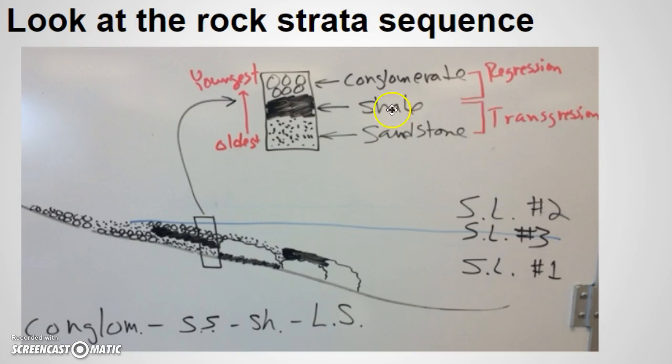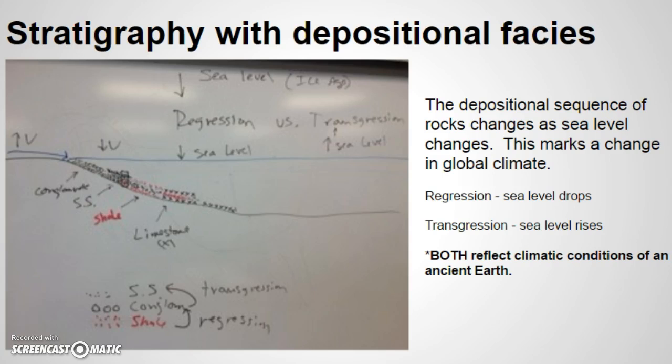Sea level can rise based on the depositional facies, and it can regress or lower based on the depositional record. So once again, I'm looking at the strata, the rock layers that are left behind within the ocean basin. Here I can look at stratigraphy with depositional facies again: regressions are sea level drops, transgressions are sea level rises, and I drew them in a little different colors.